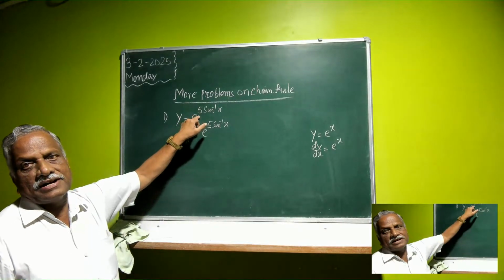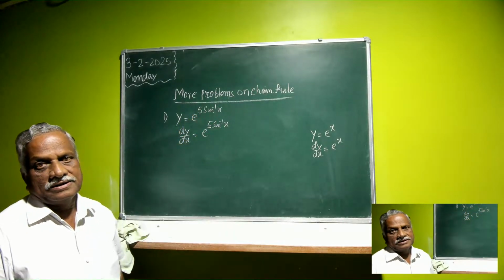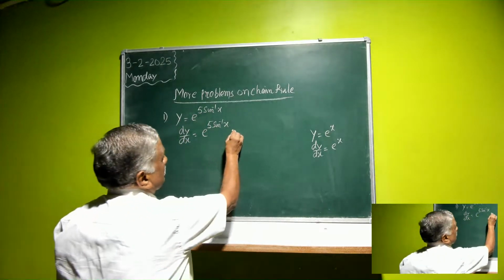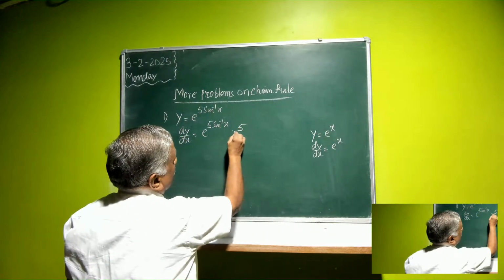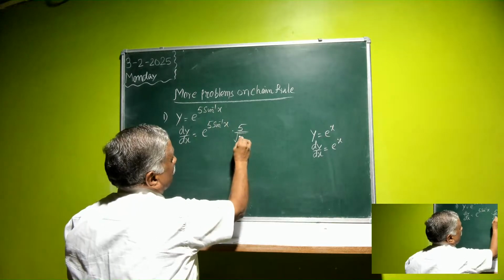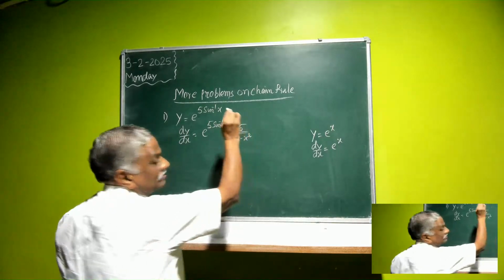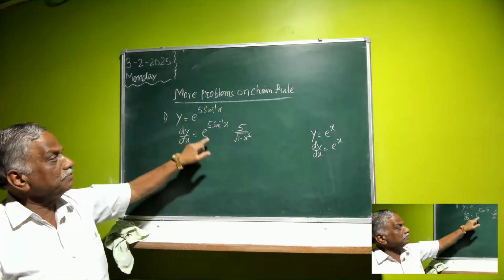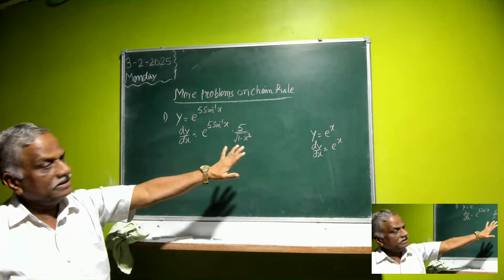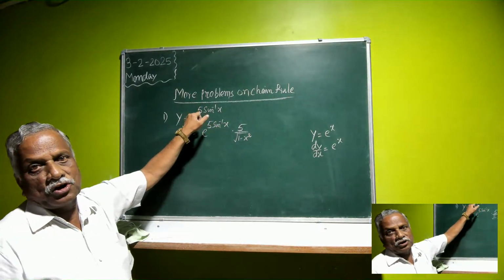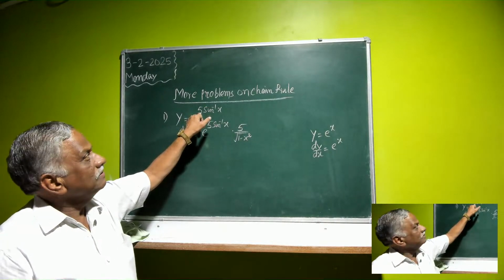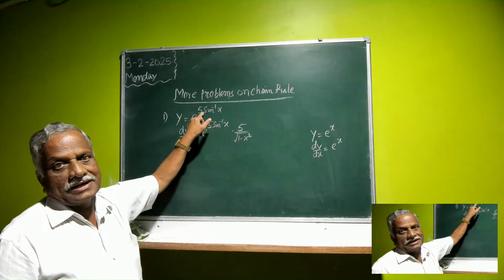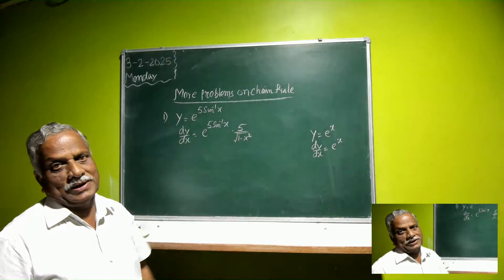Now I should differentiate 5 sine inverse x. 5 is a constant, and the derivative of sine inverse x is 1 over root of 1 minus x square. Repeat: first you differentiate e power u, that is e power u only, whatever is there, you write that. After that, you differentiate 5 sine inverse x. 5 is a constant, root of 1 minus x square.